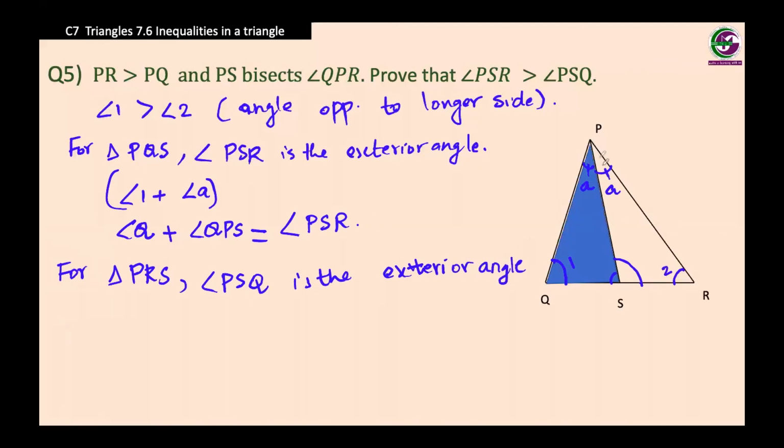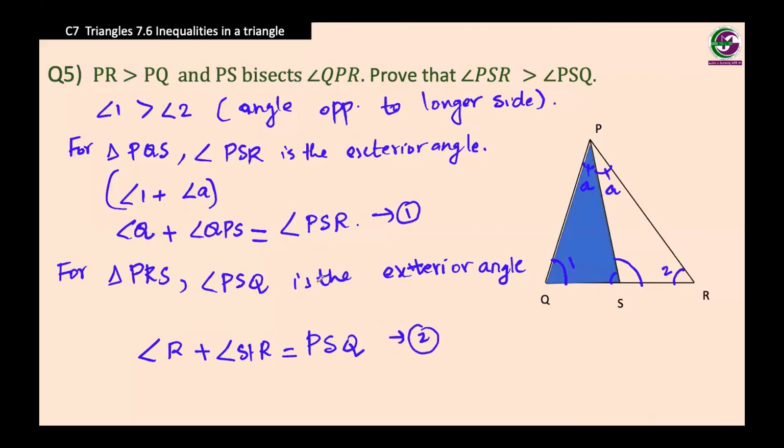So angle PSQ is equal to angle A plus angle 2, which is angle R plus angle SPR, equal to the exterior angle PSQ. Let's name this as equation 1 and this is equation 2.